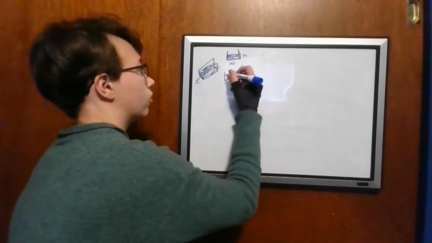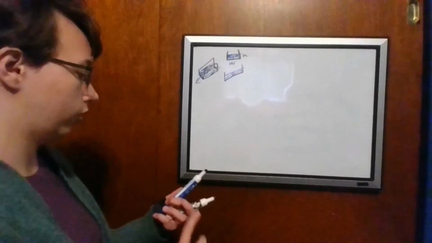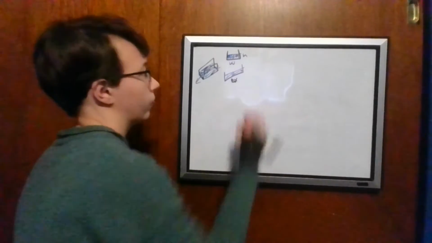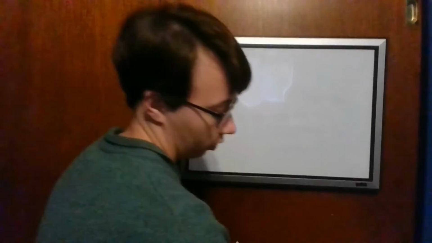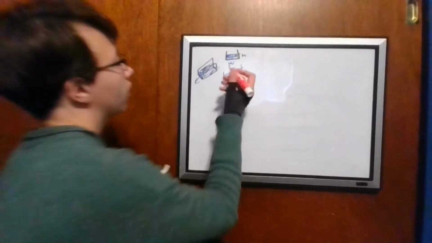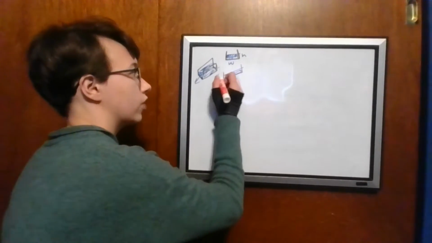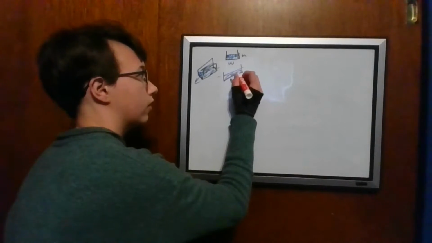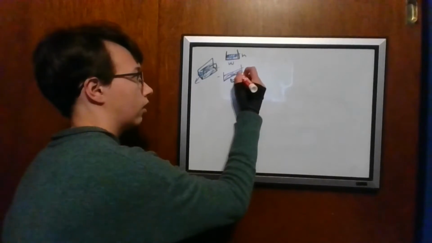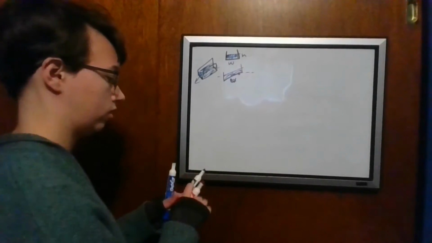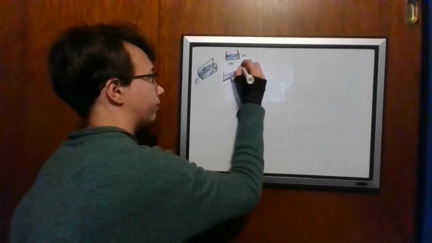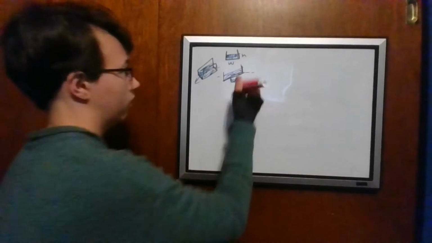And again, there's water flowing throughout, and this length is going to be delta x. But we also need to know the angle at which this channel is at. So we have the horizontal line here, and the angle between this and the bottom of this channel is going to be theta.